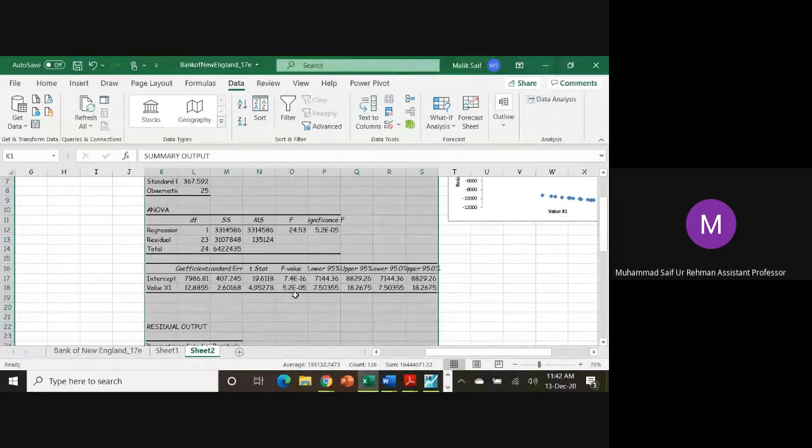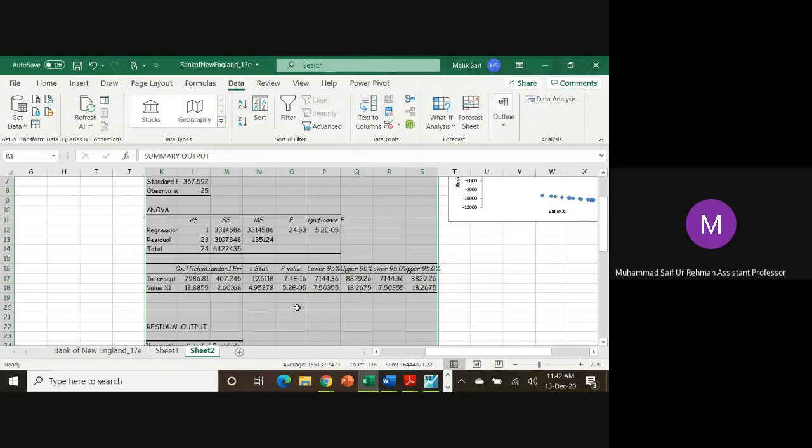So what is your opinion? The probability value is so small, 5.25 raised to the power minus 5, that is 0.00005. So less than 5%. What does this mean?